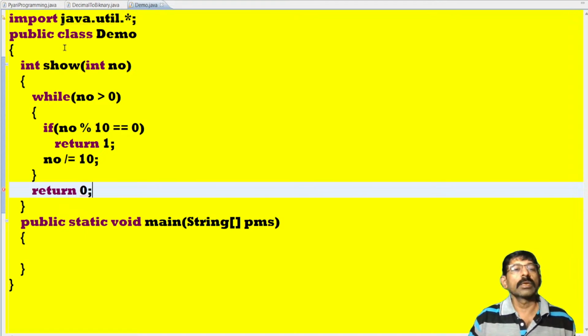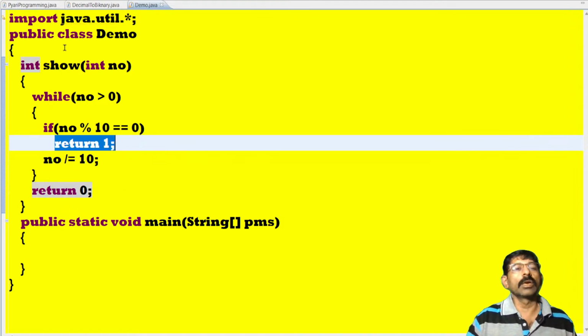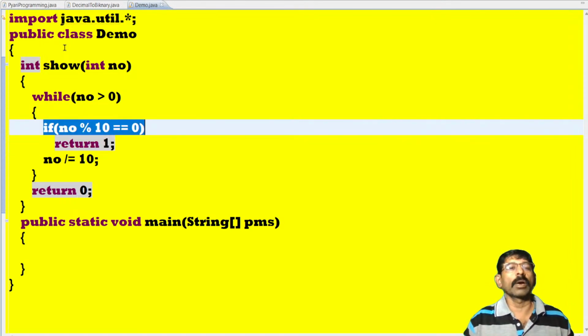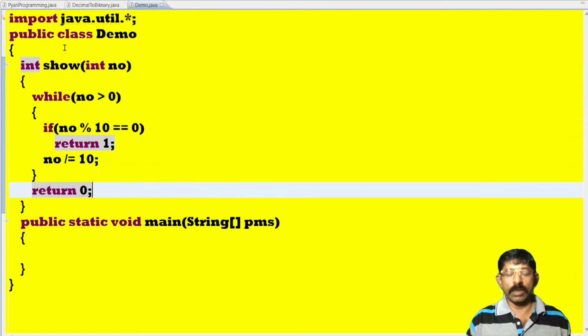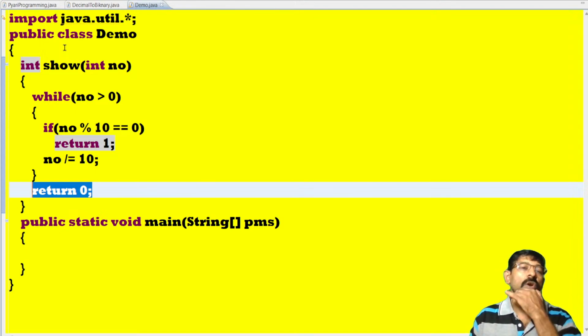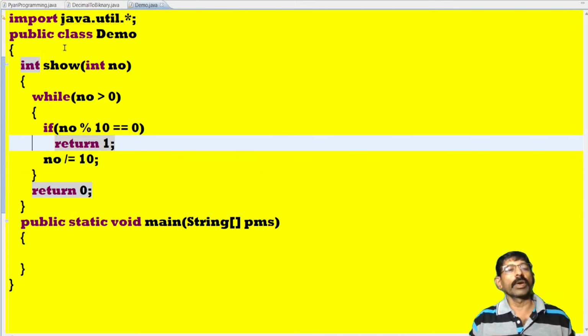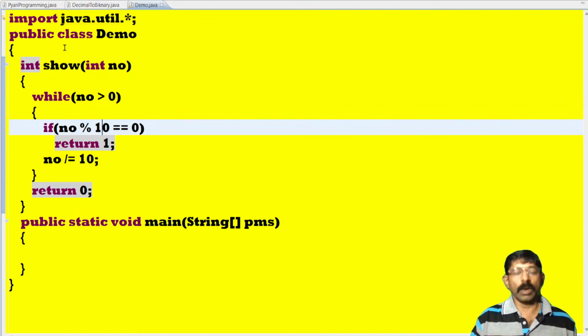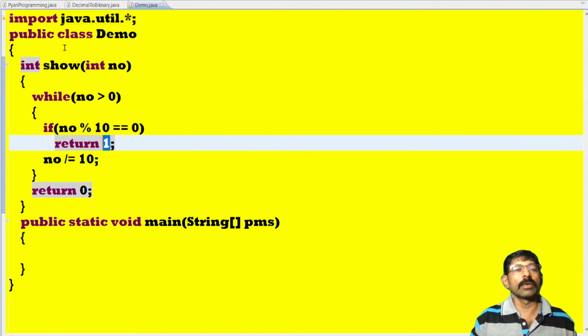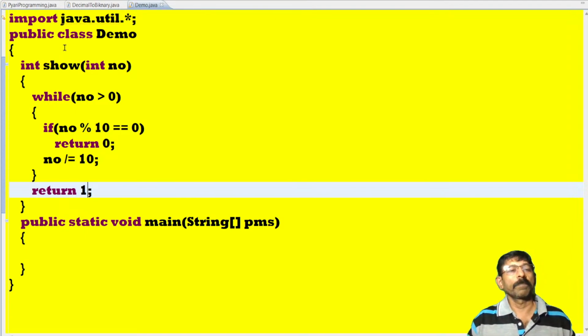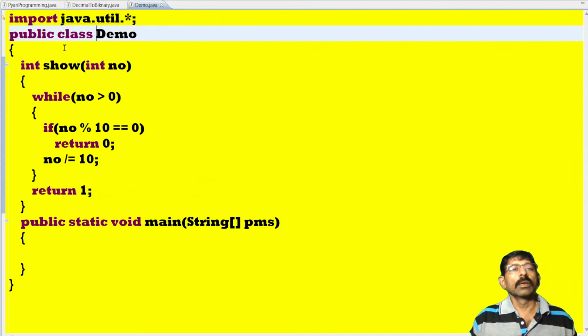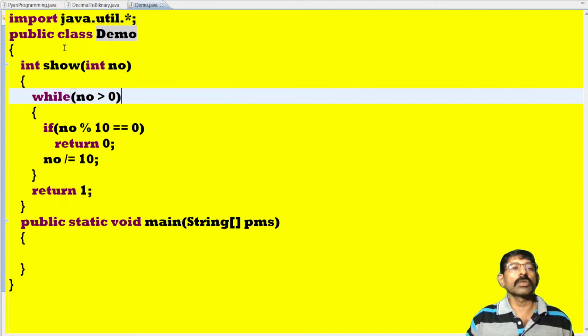So that means if the method is returning 1, that means the number contains 0. If the method is returning 0, that means it does not contain 0. Or else we can do it like this. If the number contains 0, then return 0. If the number does not contain 0, then return 1. So let's see. You know a number system program.